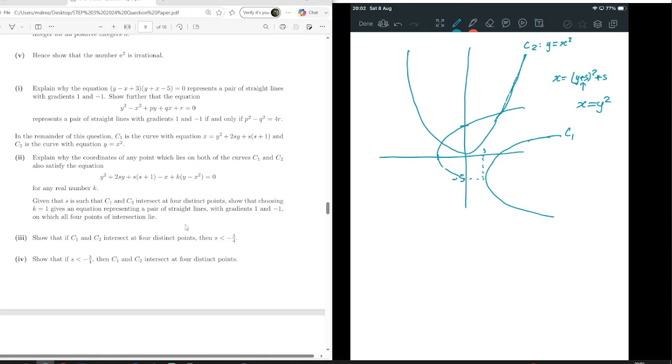And now we can see, well, we still see we've only got 2 intersection points at the moment, except I have drawn that minimum point. The minimum point will be here. Still only 2 intersection points, unless that minimum point has actually got even further and is maybe over here. And now I can see that I do indeed have 4 intersection points.